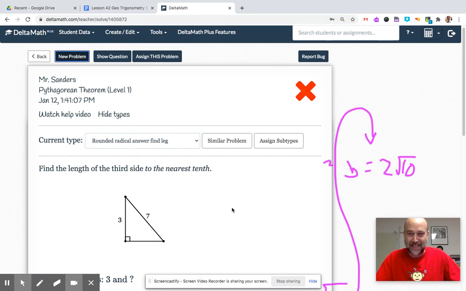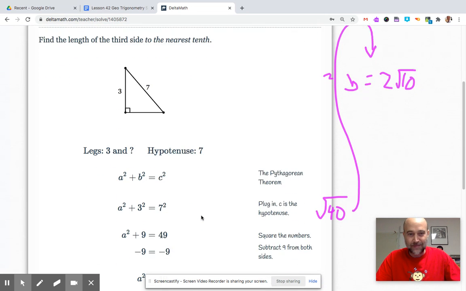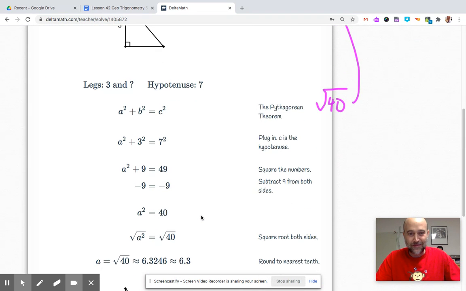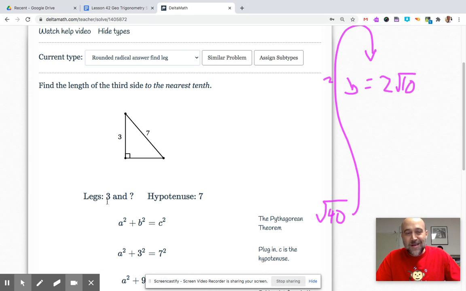Let's see. 49 minus 9 is 40. Oh, Sanders, you're not reading it very good. Nearest tenth. So that means I would take my calculator.